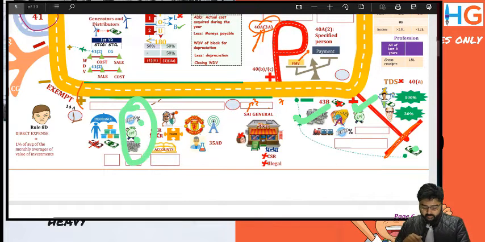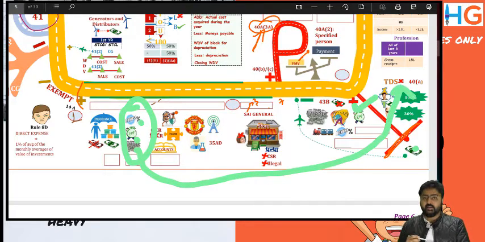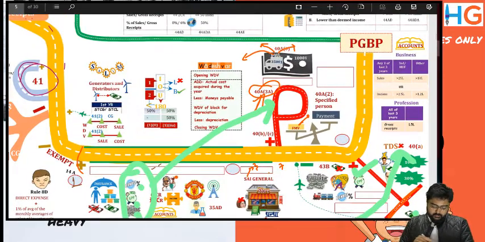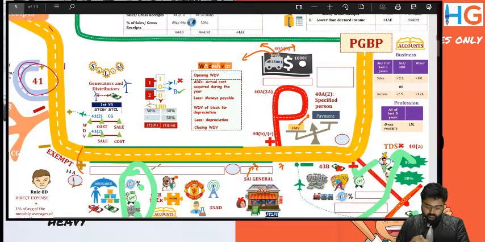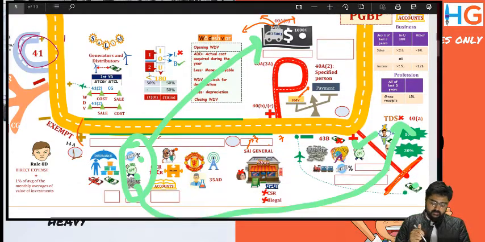Not only that, specifically for interest, you also have to comply with section 40(a) TDS. Not only that, you also need to comply with 40A(3), which says payment cannot be made in cash. So the applicability of only one disallowance section is enough to disallow the expense.